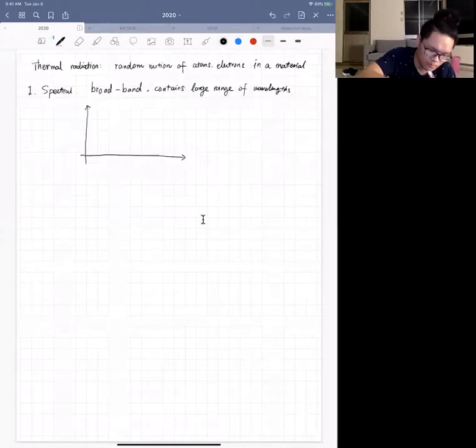If you draw the emissive power, which means how much energy is being transferred for each given wavelength, it's called the wavelength dependent power. Typically the thermal radiation has a broad spectrum, but the shape of the spectrum is not random.